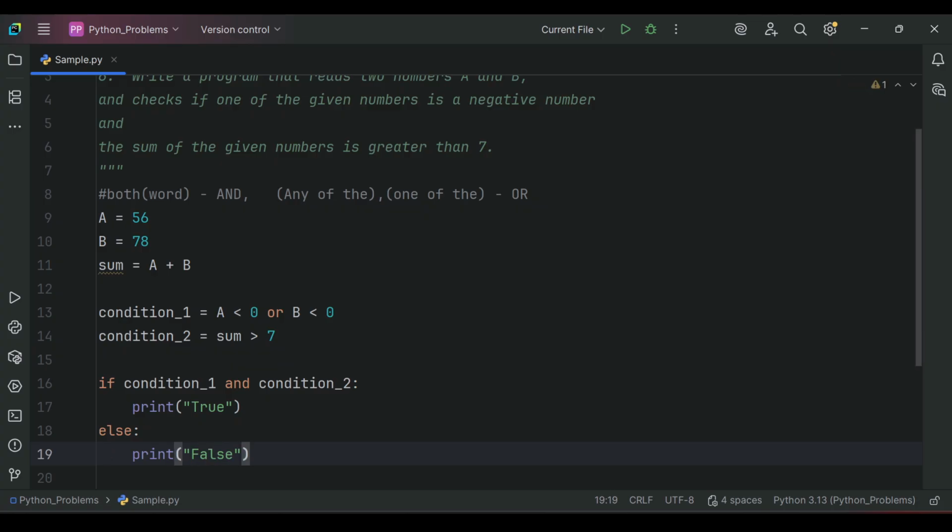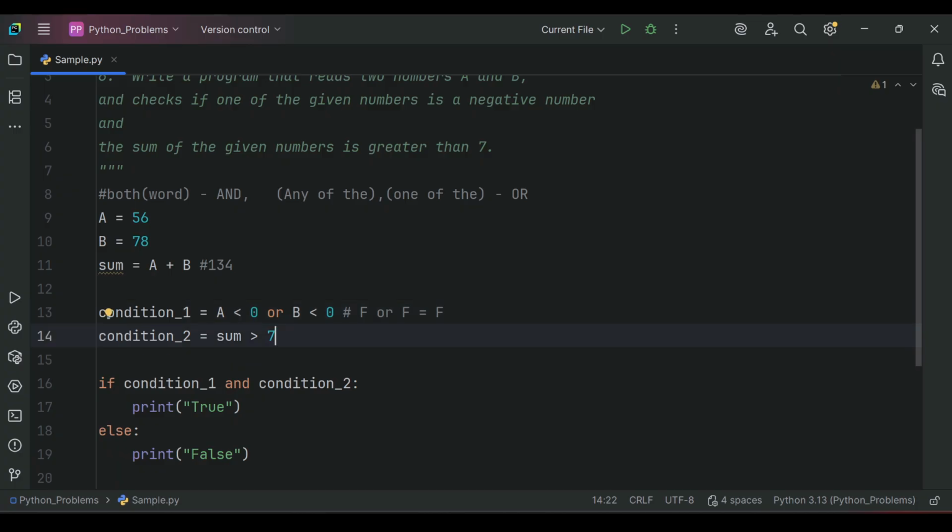Have a look. According to theory, sum is equal to how much? Sum is equal to 56 and 78, 134. And a is equal to 56 means a positive number, so it's false, and b is also false, then the output should be false.